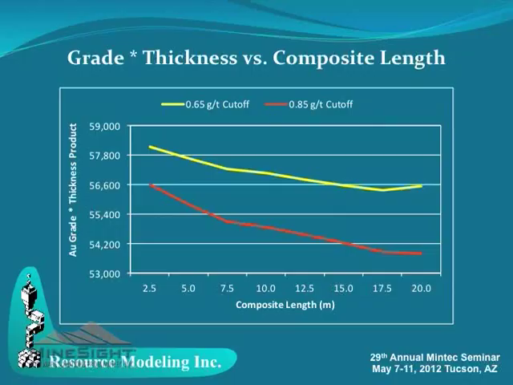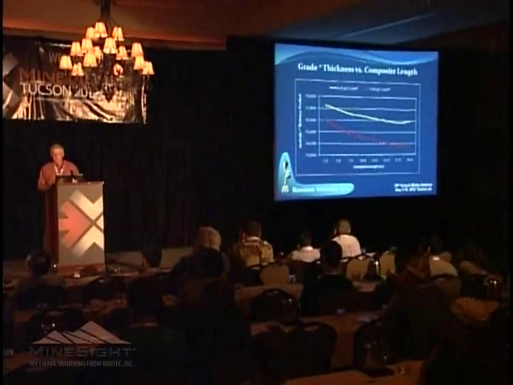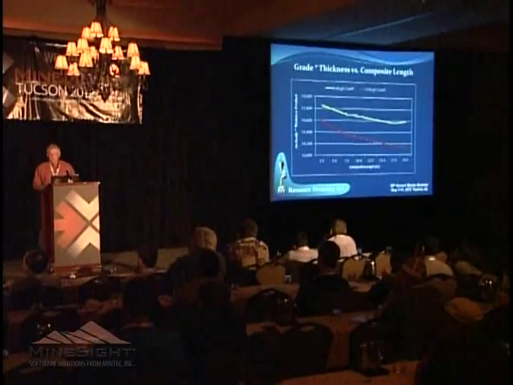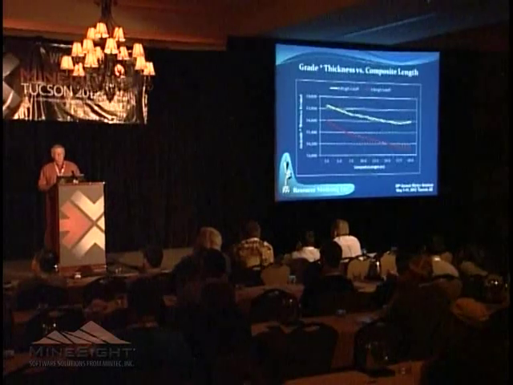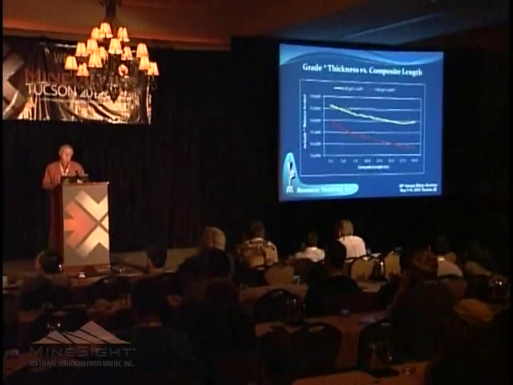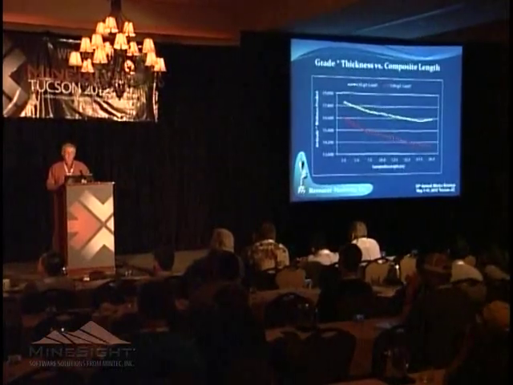So I typically will go through these sorts of analyses prior to building a model. If I'm working with mining engineers, we discuss what might be a likely SMU, what kind of equipment might be used.